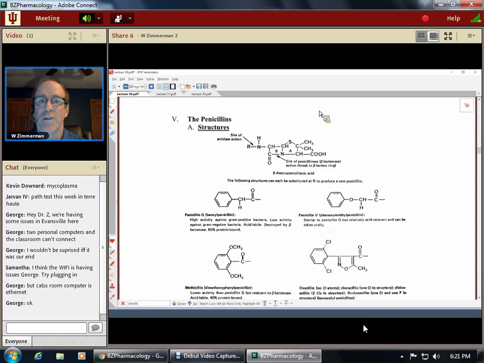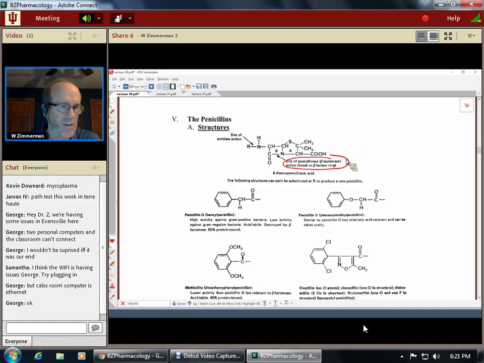Okay, looking at the penicillins, this is a quick review chart. We're going to go into each of these in a little bit more detail. But starting off here, there's the basic structure of the penicillin. And this, of course, is the site of the penicillinase, and it breaks that beta-lactam ring. A four-membered ring like that is very unusual in biology.